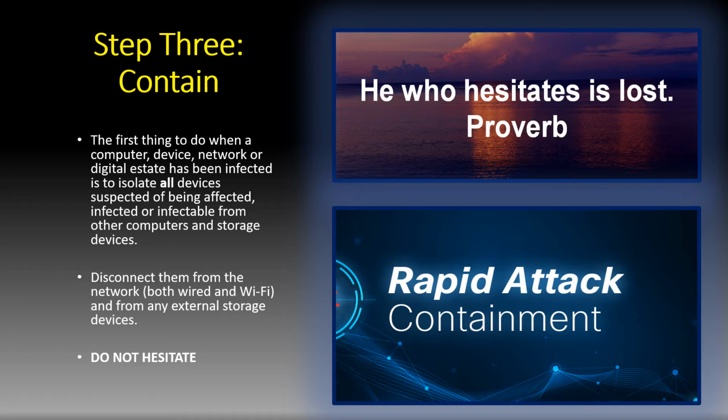Disconnect them from the network, both wired and Wi-Fi, and from any external storage devices or services. Do not hesitate. Polymorphic packages, Trojan viruses, and crypto worms actively seek out connections and other computers, so you want to prevent that happening. You also don't want the ransomware communicating across the network with its command and control center.